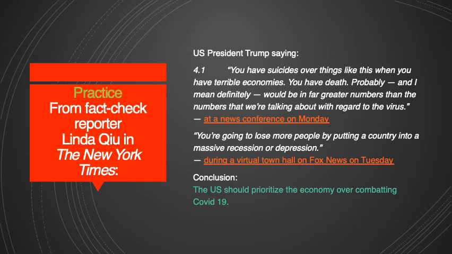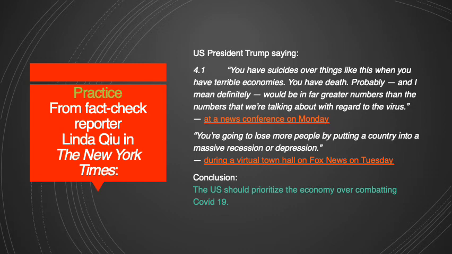Now, I want you to look at those reasons and think about what sort of moral reasons are being provided. Are they consequential? Are they duties? Or are they character-based? I think you'll see pretty quickly that these are also consequential. He's talking about suicides as a consequence of terrible economies.